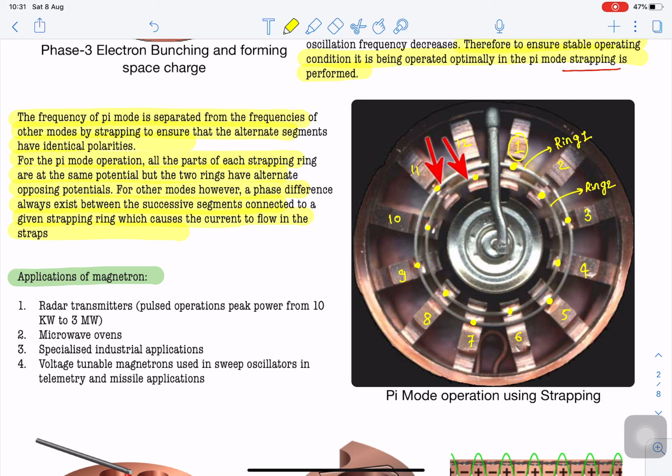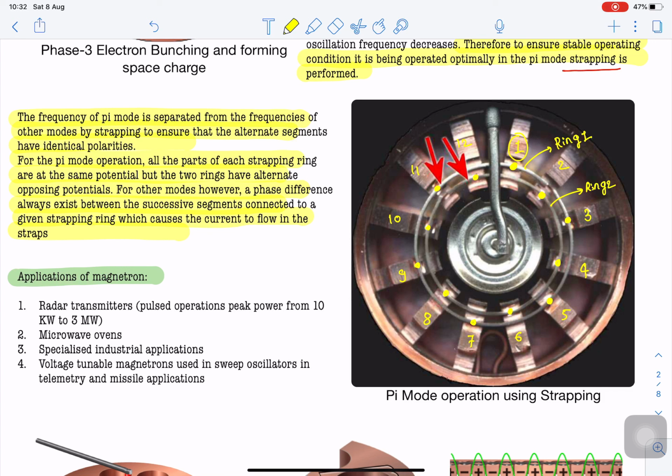In strapping, we make use of the rings, and these two rings are alternately connected to the cavities. Alternate opposing potentials are getting lowered. So when we perform this strapping of the alternate cavities, as and when other modes are generated in the magnetron, the phase differences between the cavities cancel each other.